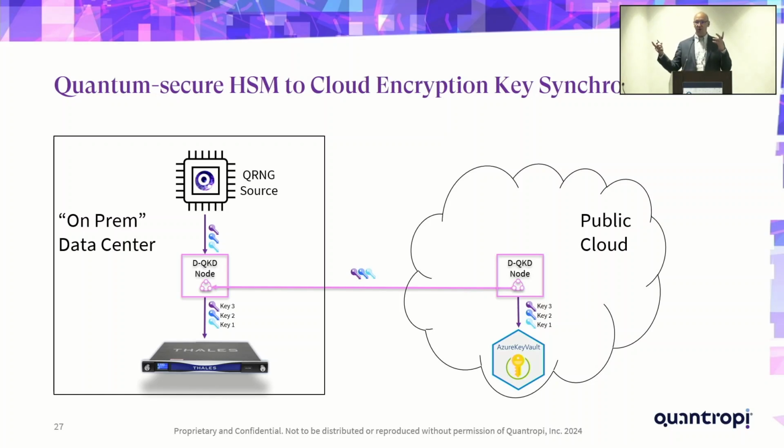Because there's no secure manner to do it. So if you look at either photonic or digital quantum key distribution, that allows you to get a quantum secure synchronization mechanism that can be automated, so you don't have humans cutting and pasting, because that's likely to be fraught with operator error.